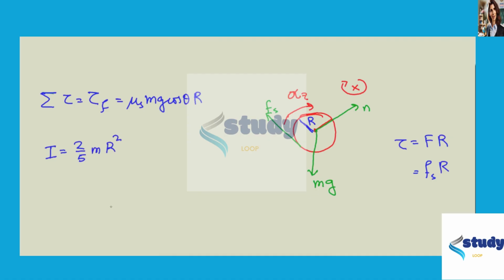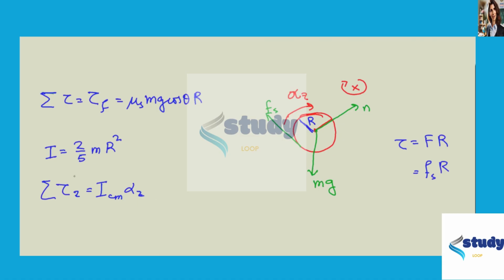Now, using tau z, because it's acting in the z direction, equals I_CM alpha z, we can also figure out torque from here, which is this quantity times alpha.